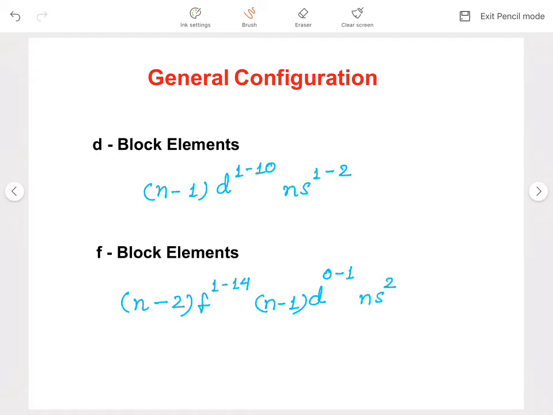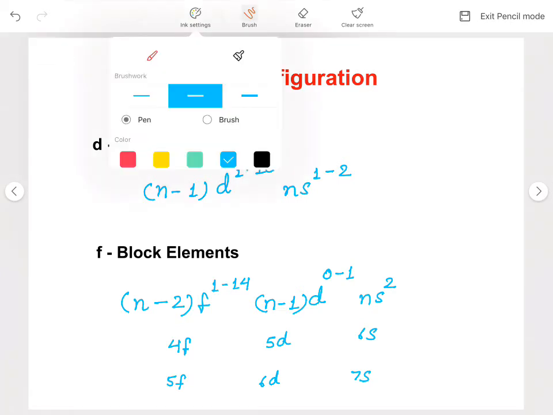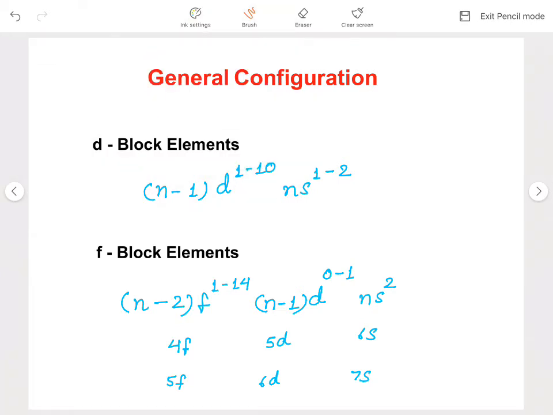So for lanthanoids and for actinoids we have 4f and 5f subshell. For lanthanoids it is 4f, and for actinoids it is 5f. Similarly, for lanthanoids we have 5d and 6s, and for actinoids we have 6d and 7s.